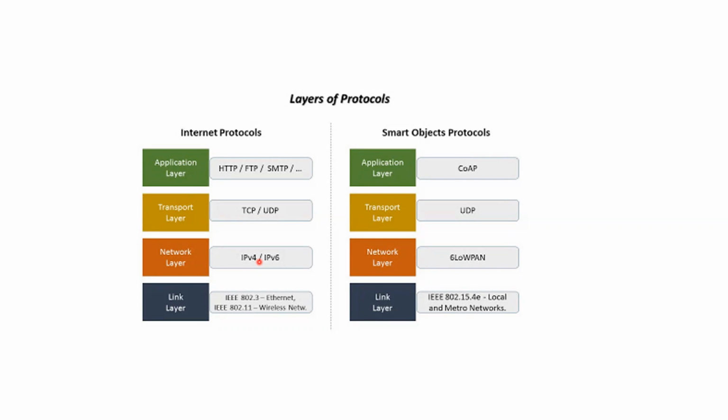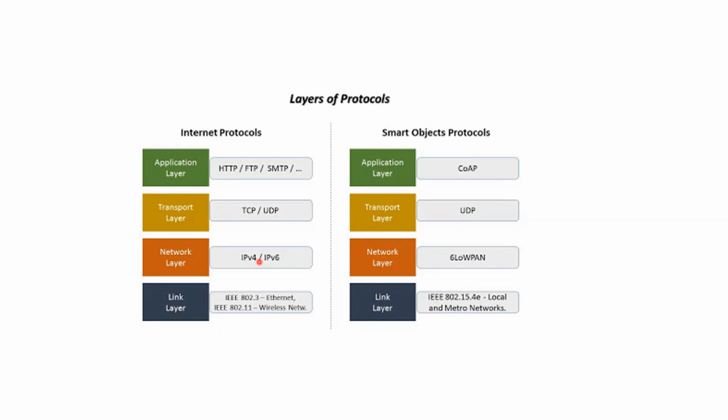The third protocol deals with smart objects, and they are called smart object protocols. Here you can see 6LoWPAN is used.